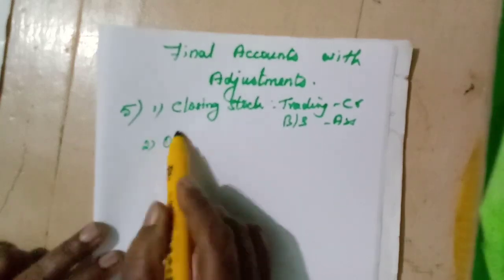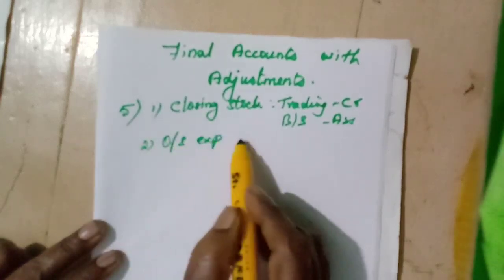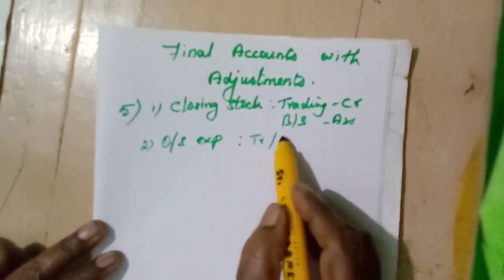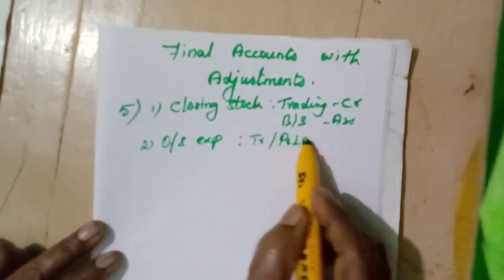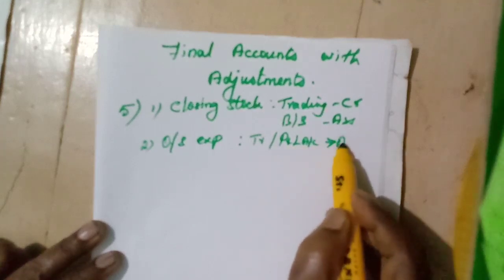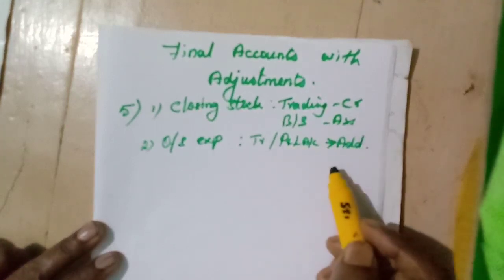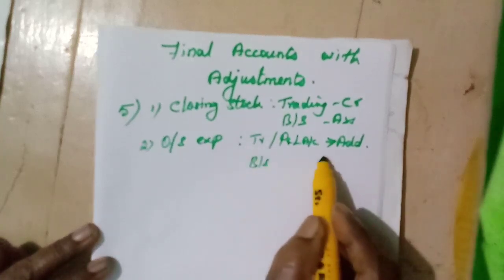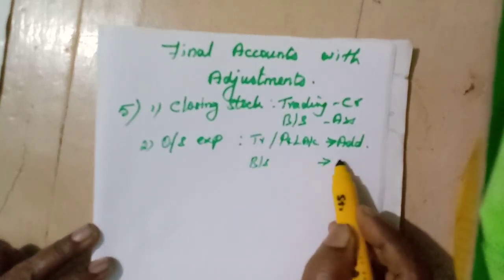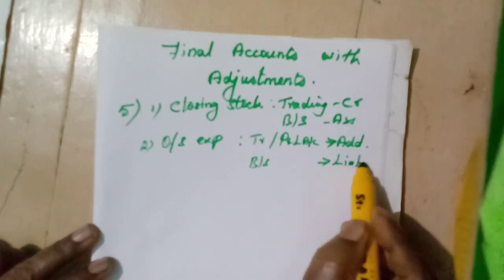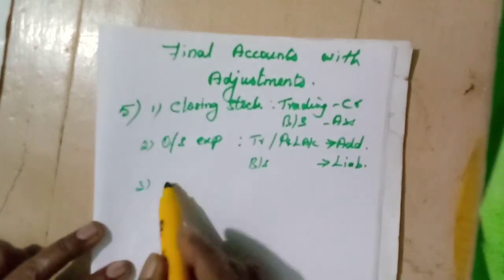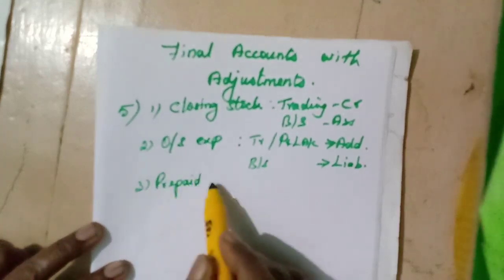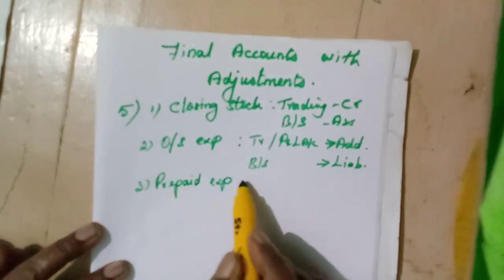Second one, outstanding expenses. What we should do, either in the trading account or in the profit and loss account, we should add along with the expense. Then in the balance sheet it will appear on the liabilities side. Then third one, prepaid expenses, unexpired expenses.